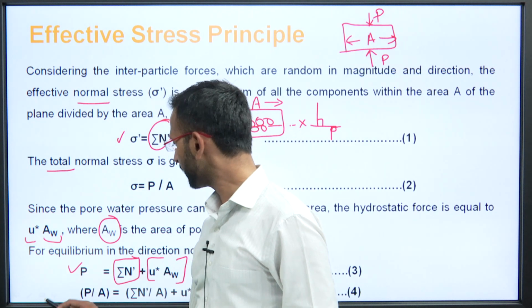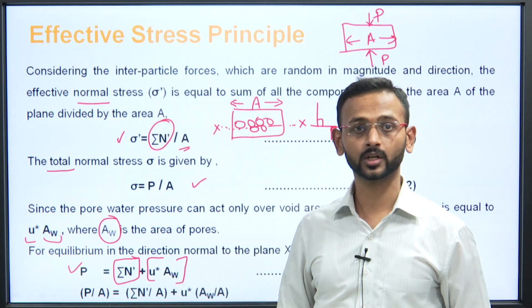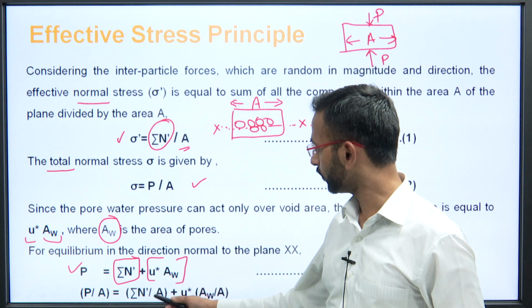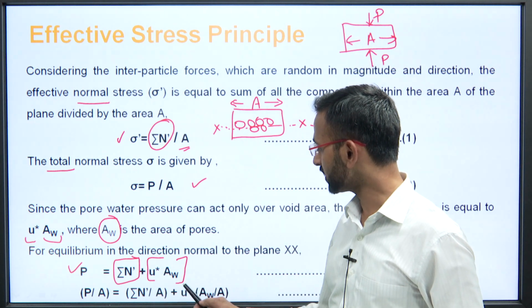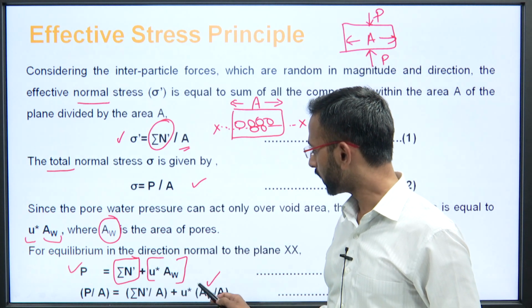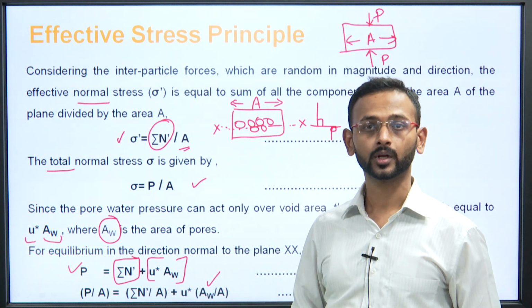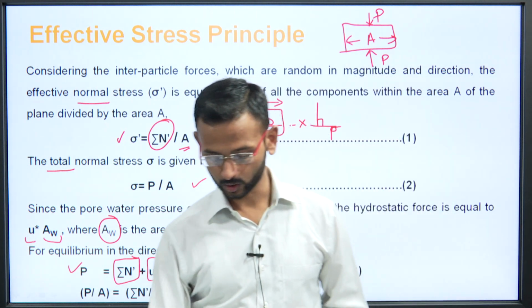So, if we divide this equation by A, the cross sectional area, we get sigma N dash by A plus U into Aw by A, where the pore water pressure is exerted on its own area, the pores area.